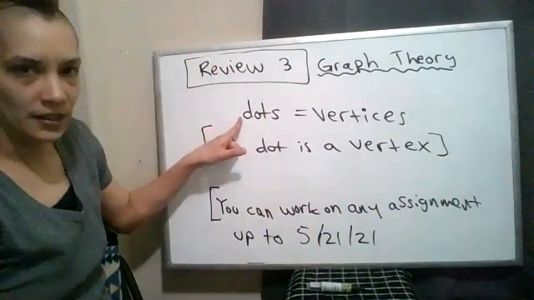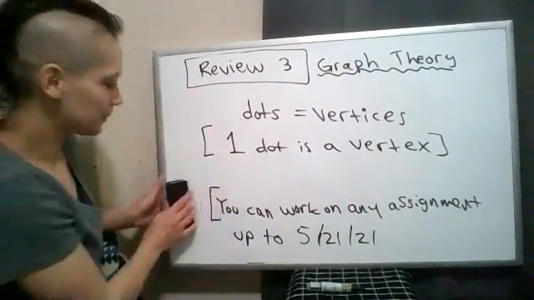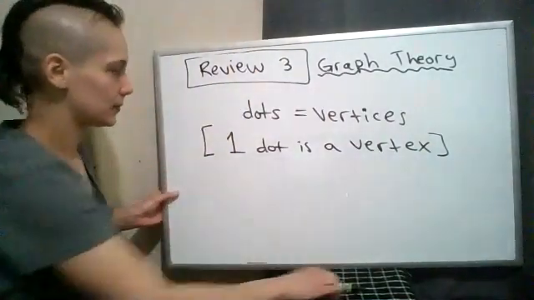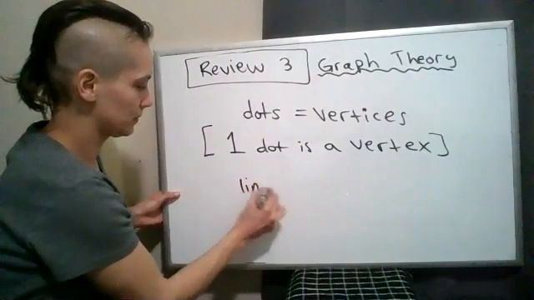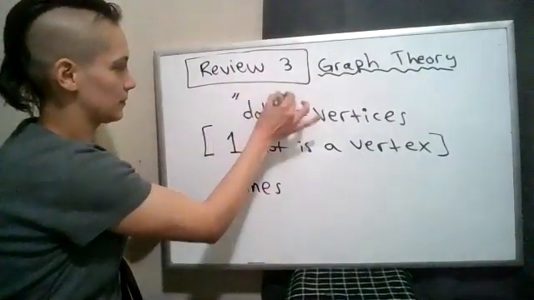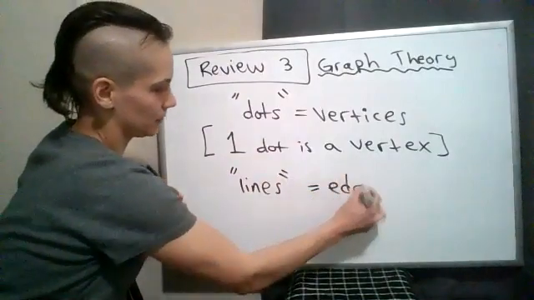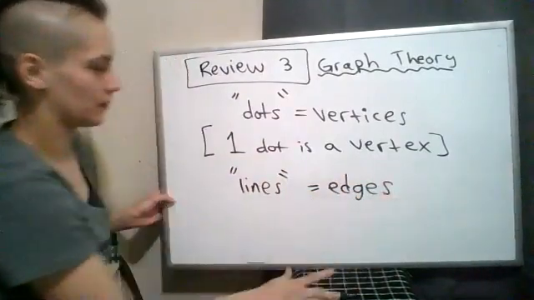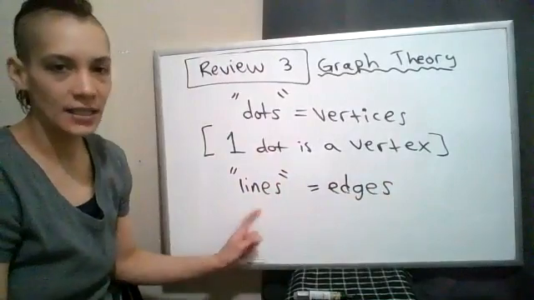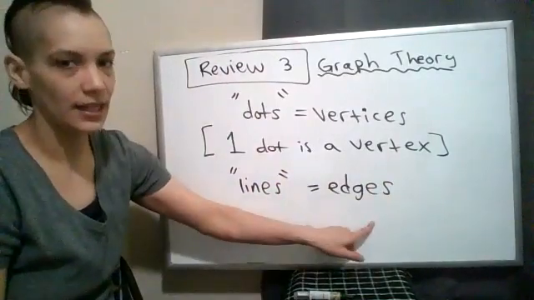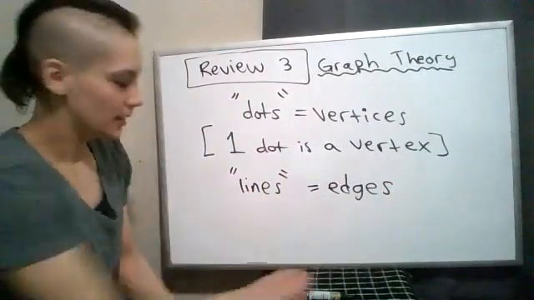The lines between the dots are called edges. It doesn't have to be a straight line. It just has to go from the dot, touching that dot, and all the way over to the next dot. And they have to be connected.